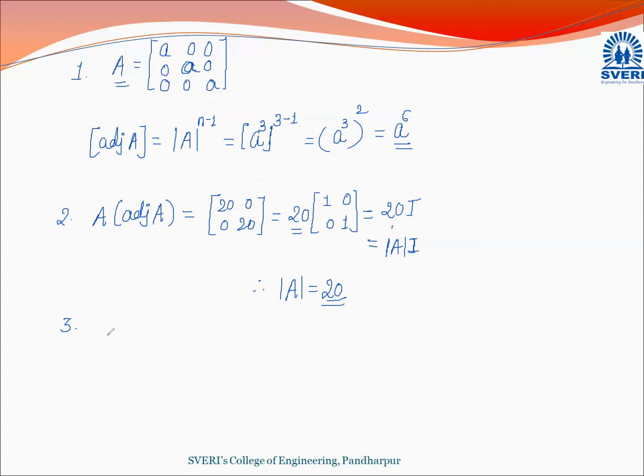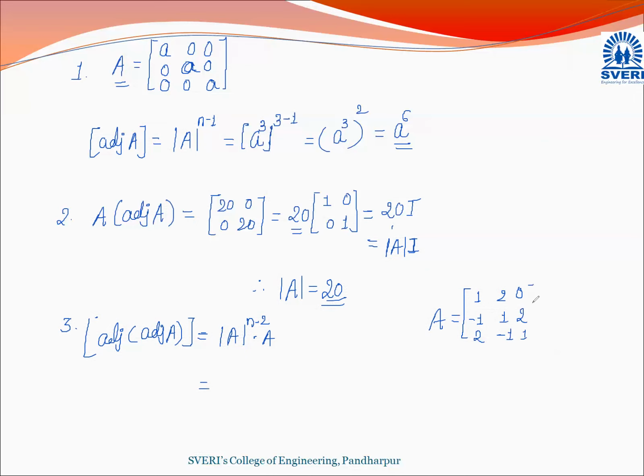The next property, adjoint of A is equal to determinant of A raised to n minus 2 into A, which is equal to, suppose we have that matrix A with elements 1, 2, 0, minus 1, 1, 2, 2, minus 1, 1.